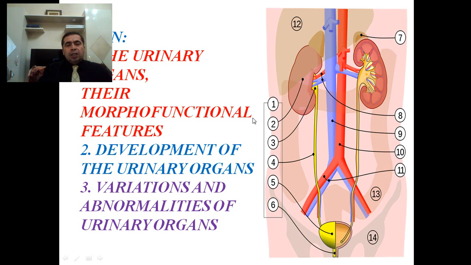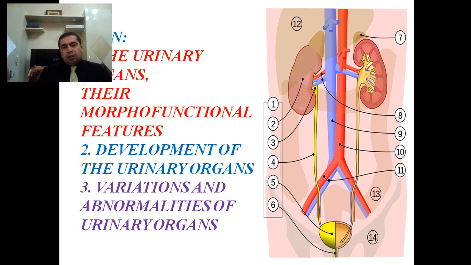The urinary system and the genital system have some morphofunctional, also embryological, developmental common features. And it also shows in their extrauterine life, in the formation and the functioning of these organs.